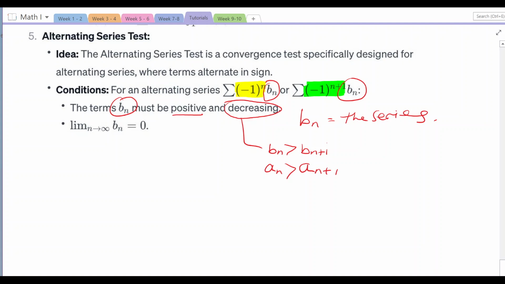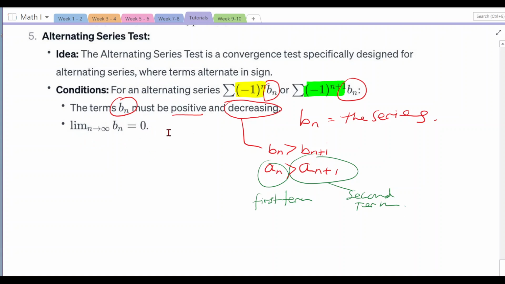So let me just highlight, this is the early term, the first term, and then this one is the second term. So the first term must be greater than the second term, or the second term must be less than the first term, whichever you want to see it. That's requirement number one. And then requirement number two: the limit as n approaches infinity of that series Bn, whatever the series is, must be 0.